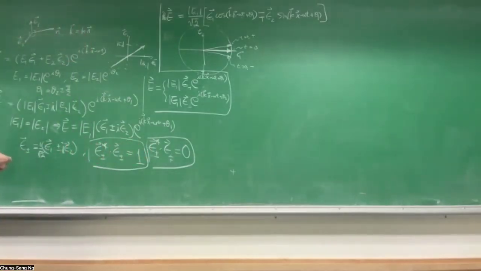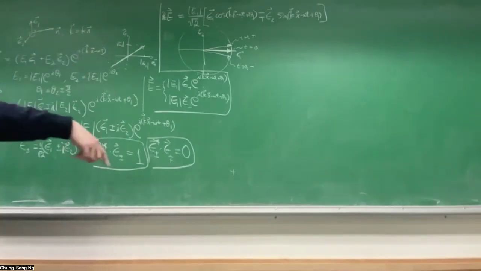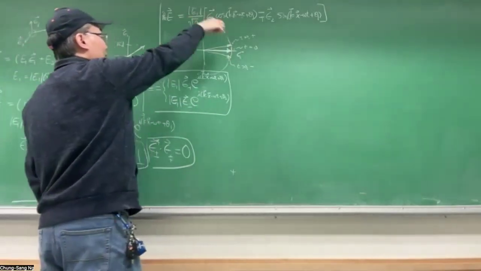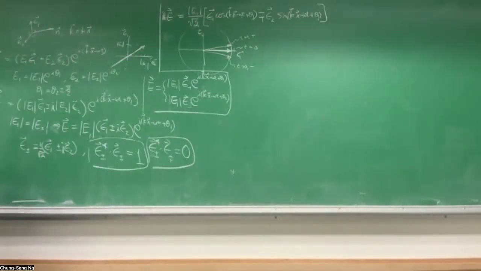So that's how we see that it's a circular polarization, because the electric field vector is just rotating in time and tracing a circular path. Okay, is that okay? So you can see that it's circular. But now comes the point where we give them names, epsilon plus and epsilon minus.